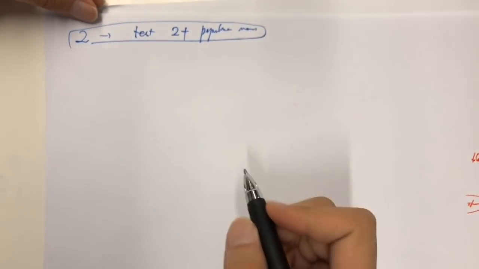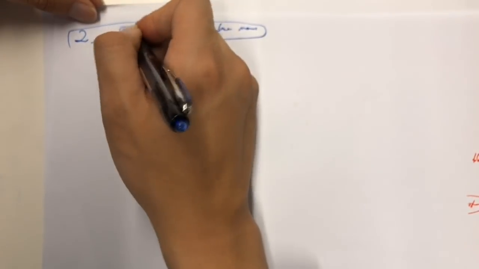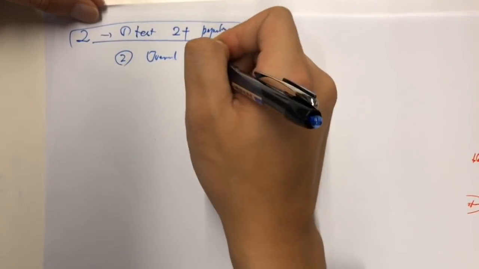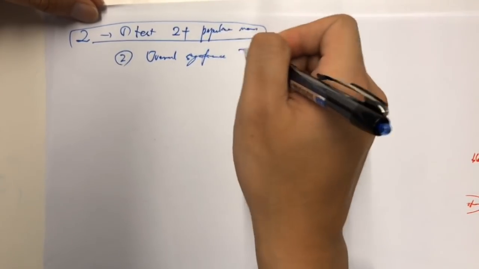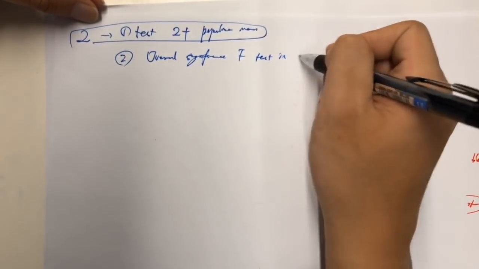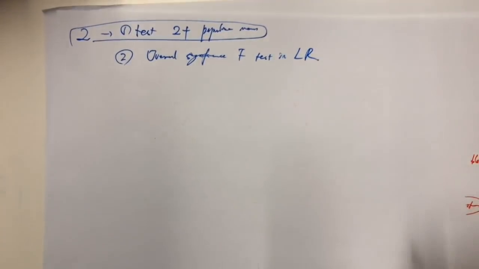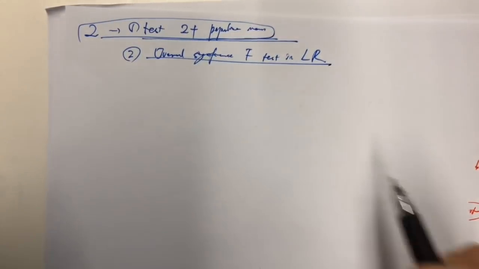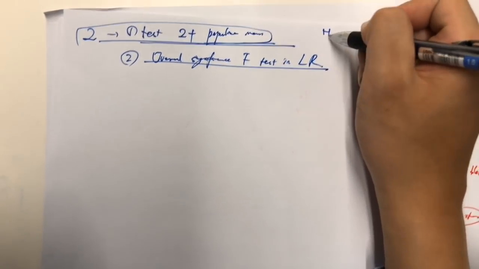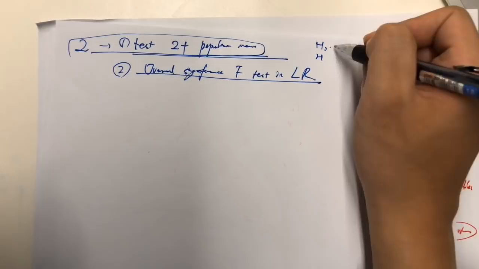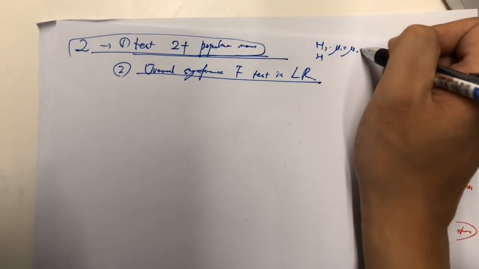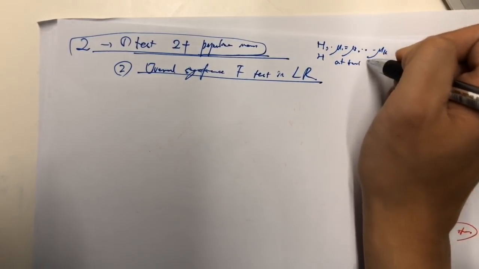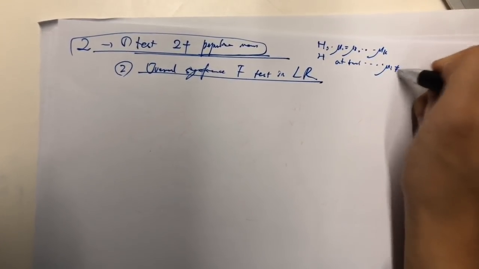And another circumstance of using ANOVA is the overall significance F-test in our linear regression, okay? So: test two or more population means, or overall significance F-test. You need to know this one is testing whether mu1 equals mu2 equals mu k, against at least one pair of mu i not equal to mu k.